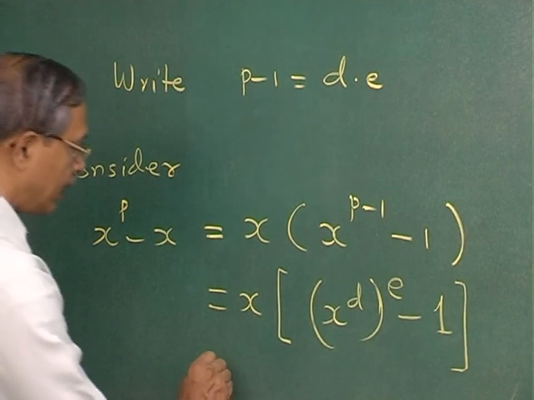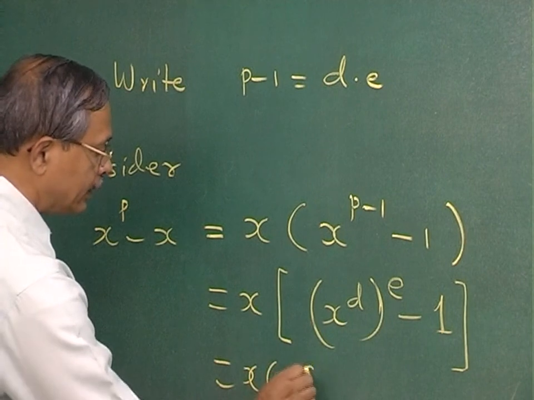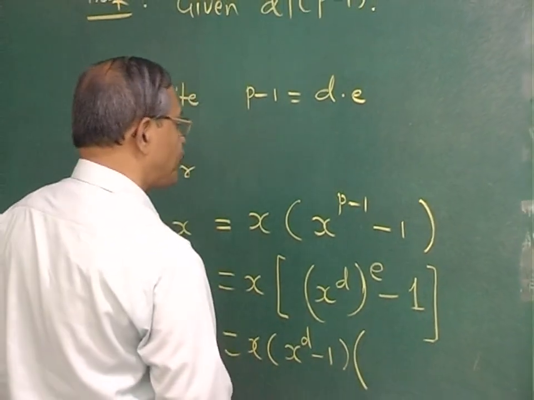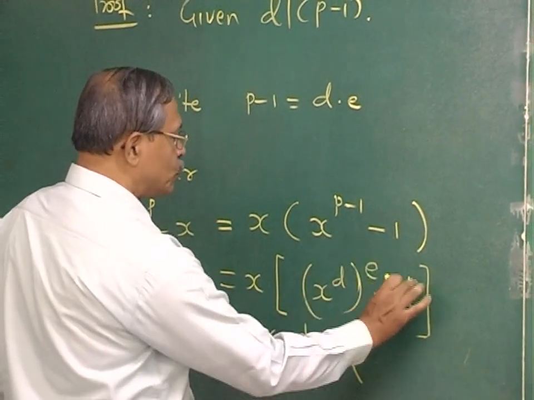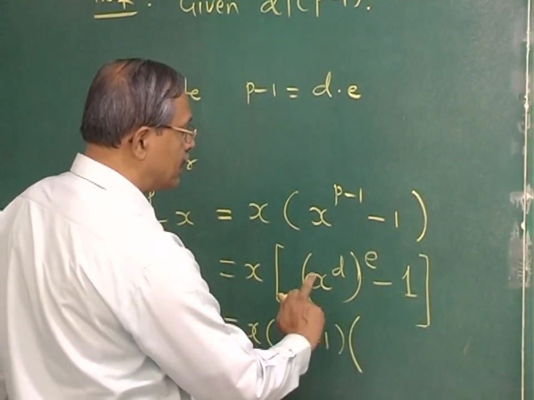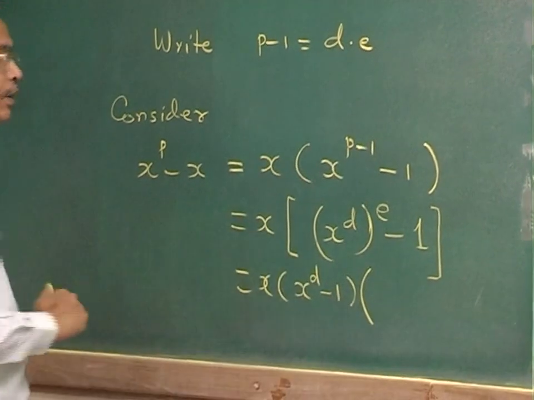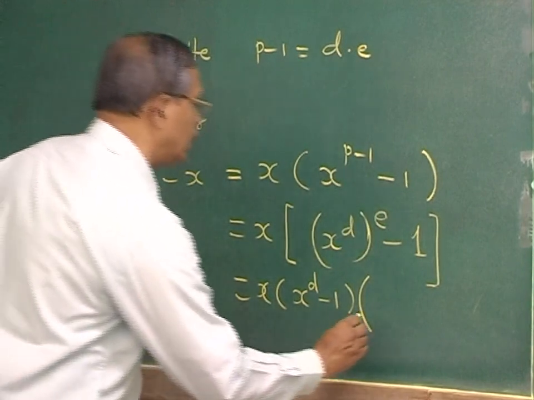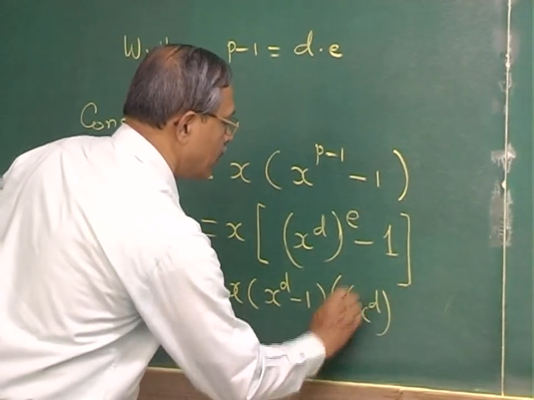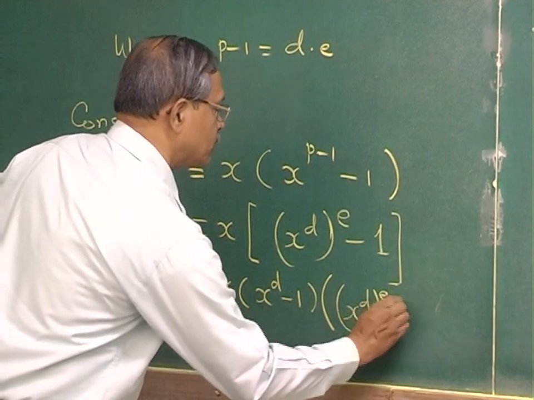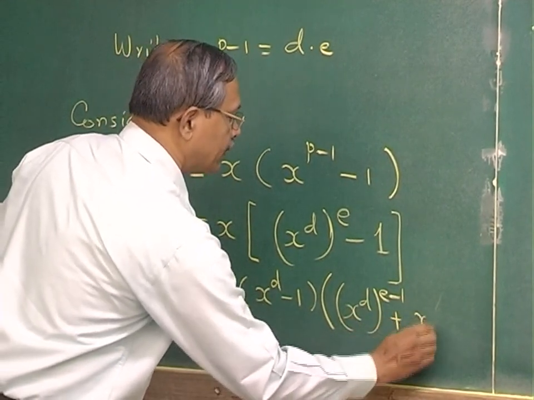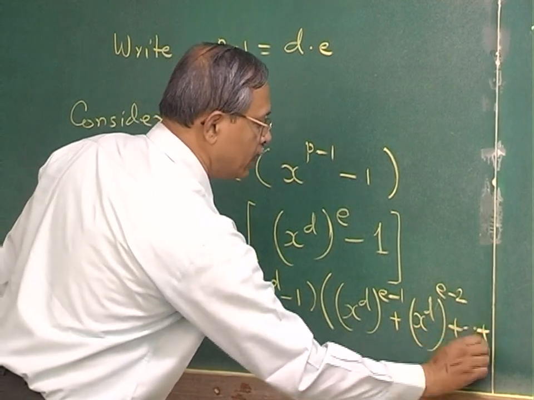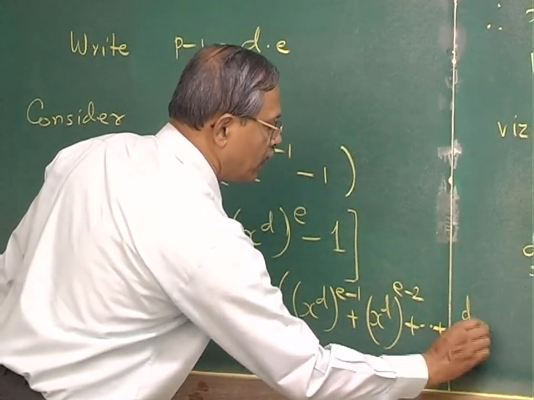So we can write that x into x raised to d minus 1 into y raised to e minus 1. So y minus 1 is one factor, the other factor is y raised to e minus 1 plus y raised to e minus 2, etc. plus 1. So it is x raised to d raised to e minus 1 plus x raised to d raised to e minus 2 plus and so on plus x raised to d plus 1.